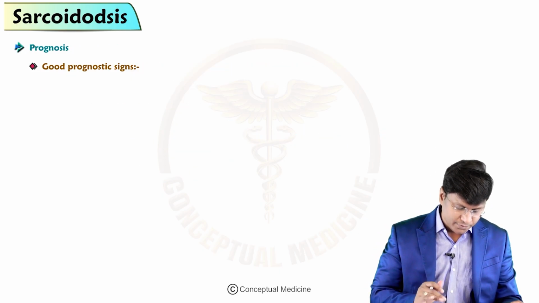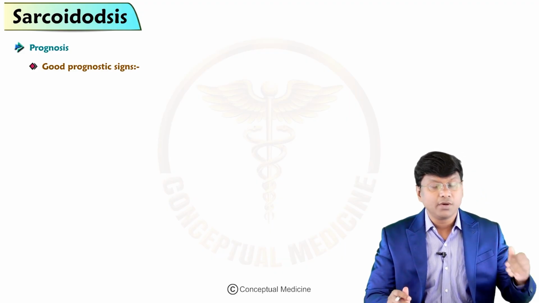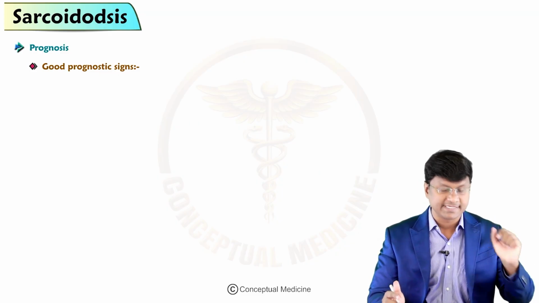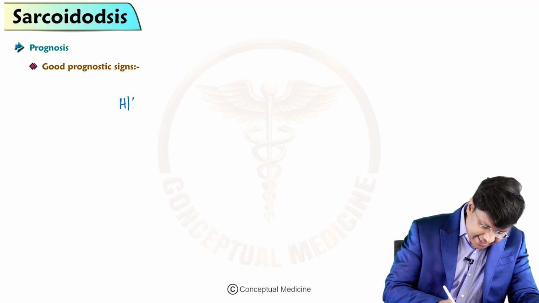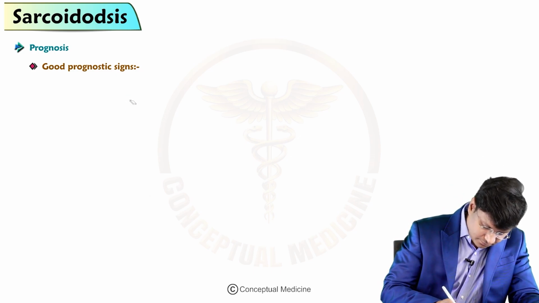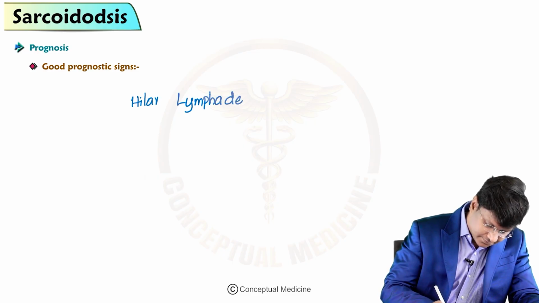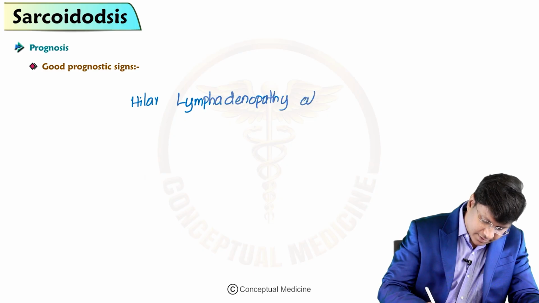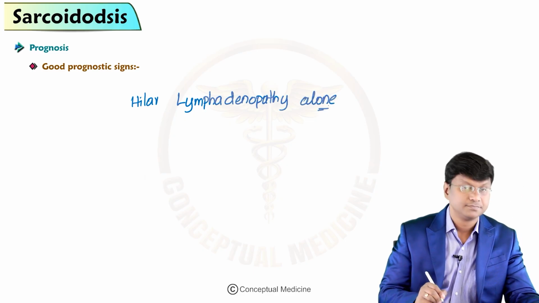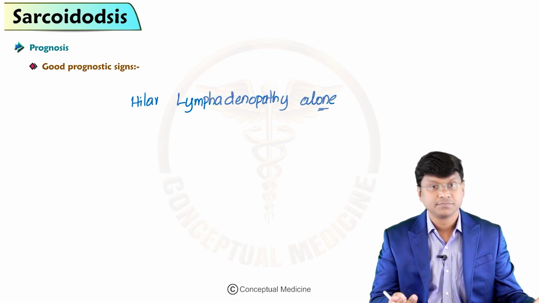Now, if you see the prognosis in these patients with sarcoidosis, there are certain good prognostic signs. Now, what are those good prognostic signs? For example, if there is hilar lymphadenopathy alone, and if you give steroids, the outcome or the prognosis is good.